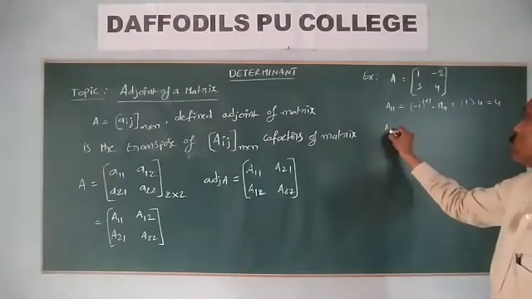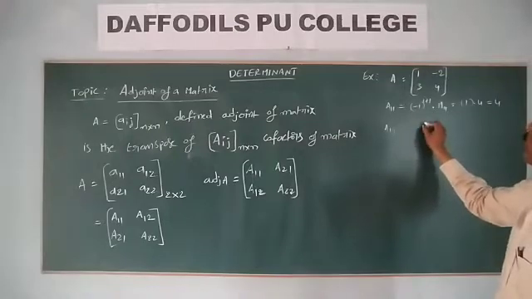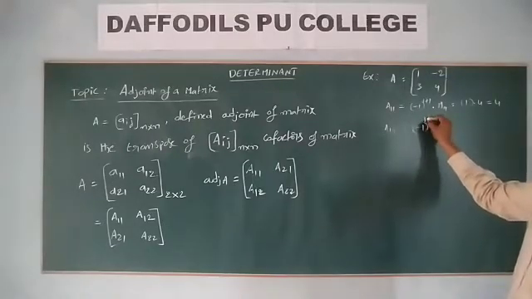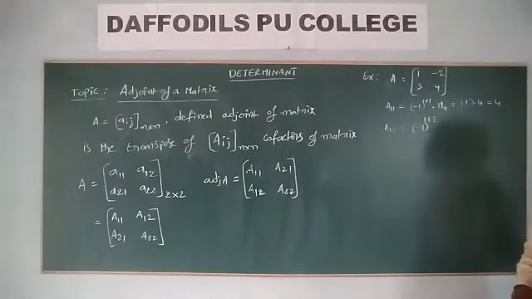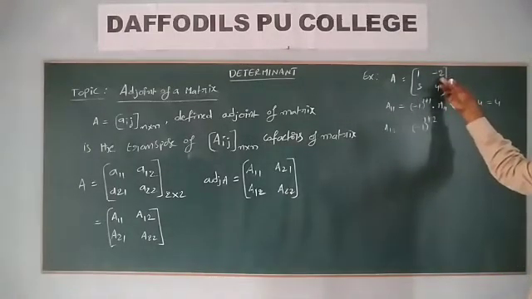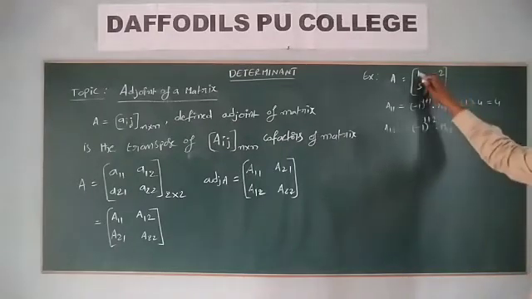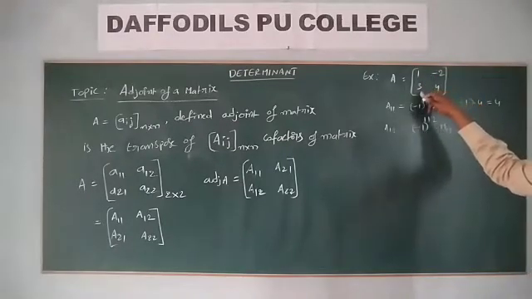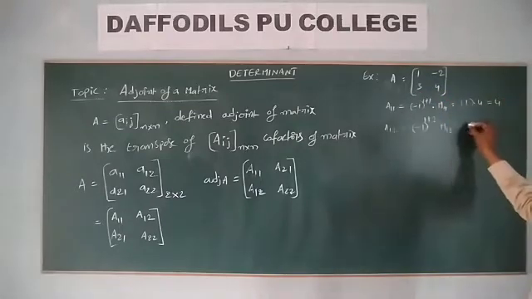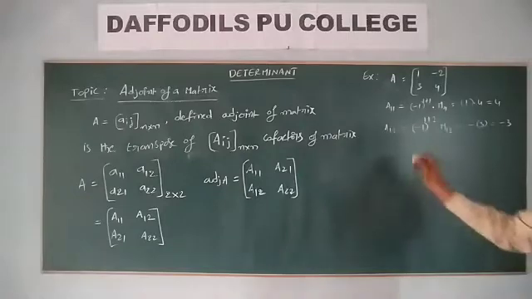A12 is minus 1 to the power of 1 plus 2 times M12, since this element is in the first row, second column. Deleting this row and this column, the remaining element is 3. So minus 1 to the power of 1 plus 2 times 3 gives minus 3.